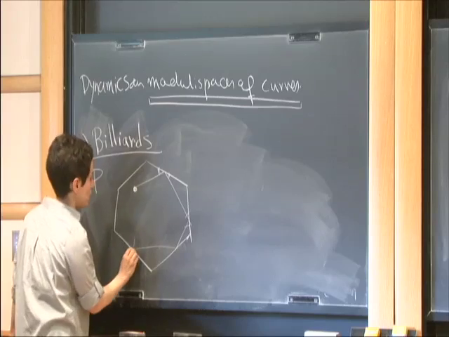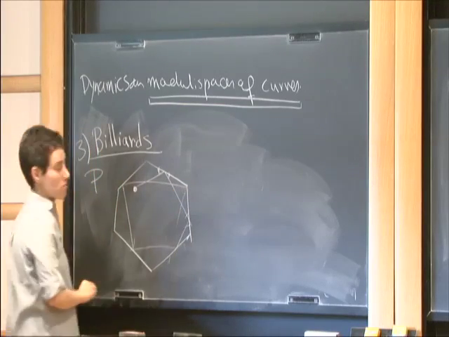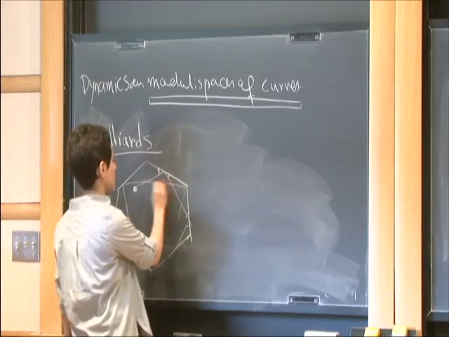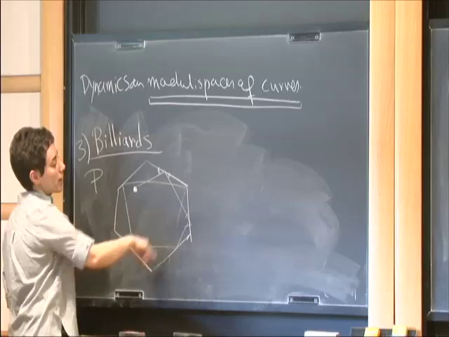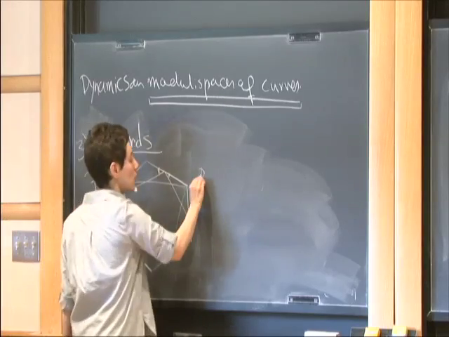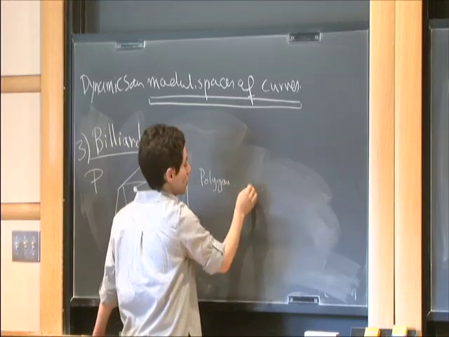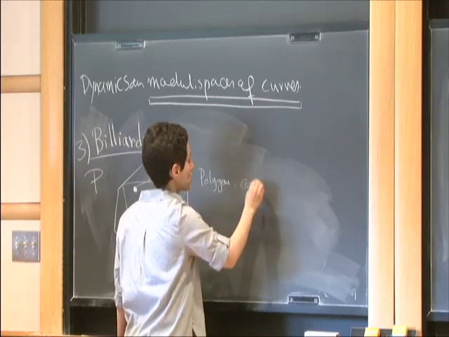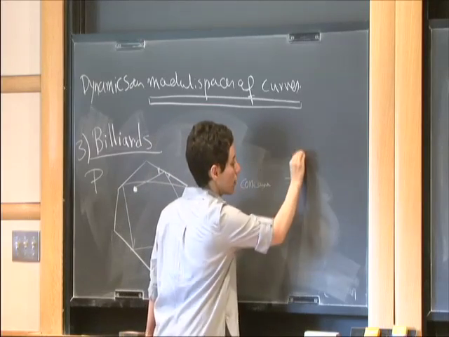This is not a good picture, but you're interested in what a ball does going around in the polygon, and it doesn't have to be convex. It can be concave. It can look like this.